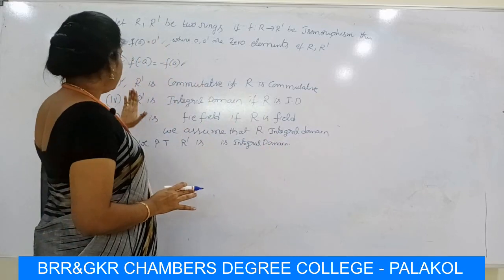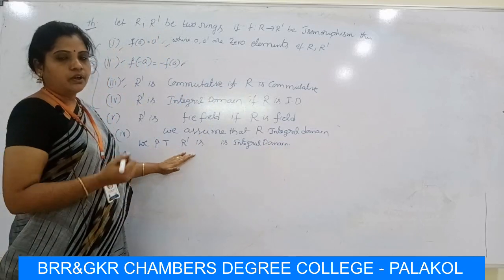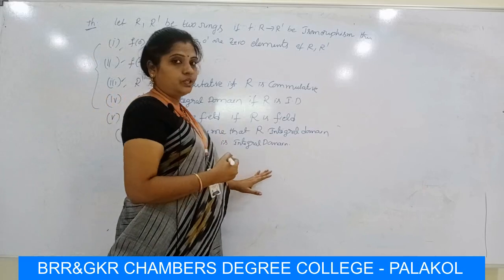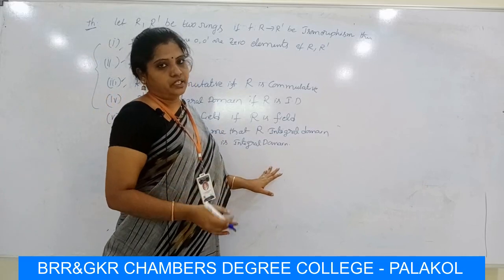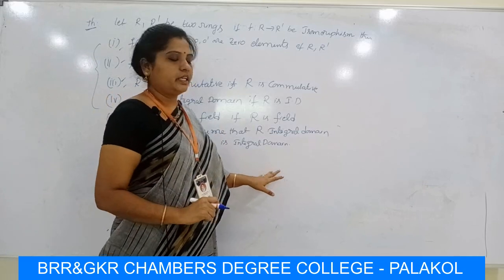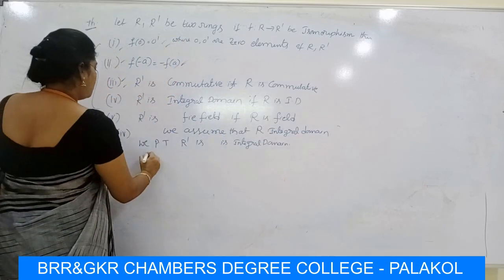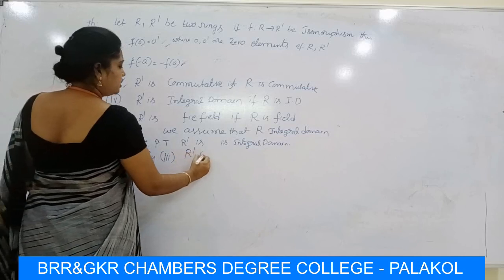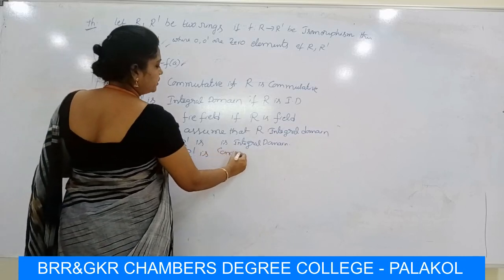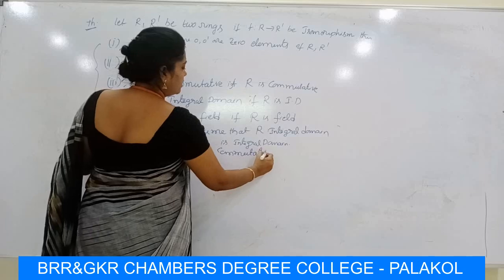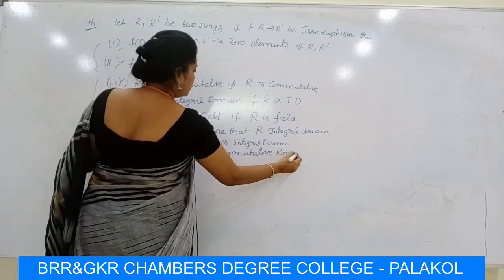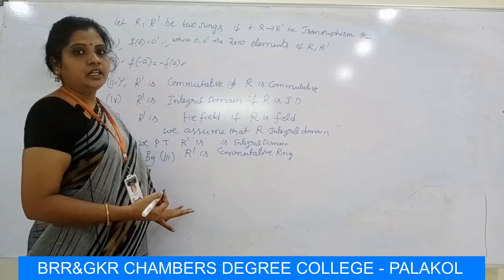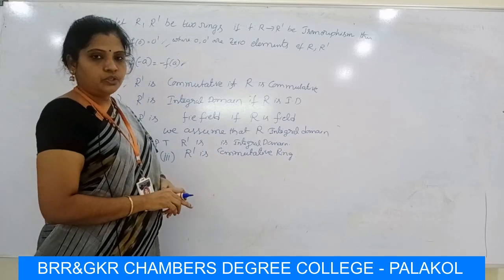So by 3 we have R dash is a commutative ring. We just have to prove that R dash has a unity element and no zero divisors, then it will be an integral domain.